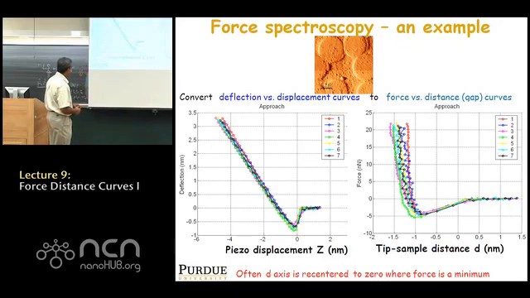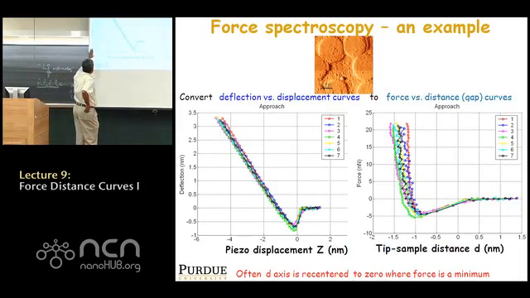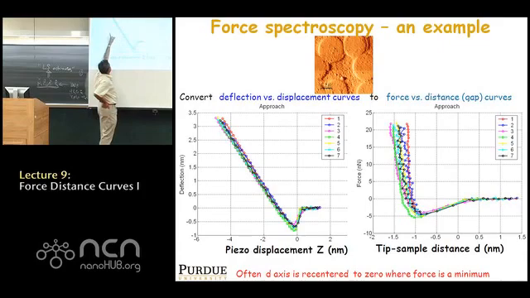What you measure on a polymer is the deflection of the cantilever versus Z. That shows when you move in, it snaps into the sample, you indent into the sample, and move away. But when you go through the process that I just showed you, you're able to convert it into a force versus D, right? And you see the shapes are very different.